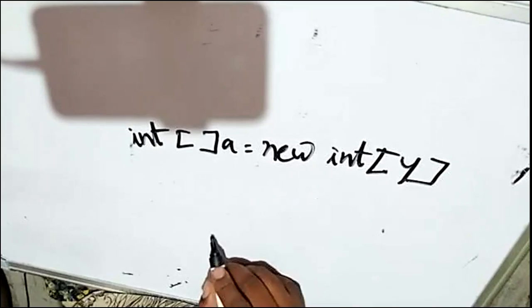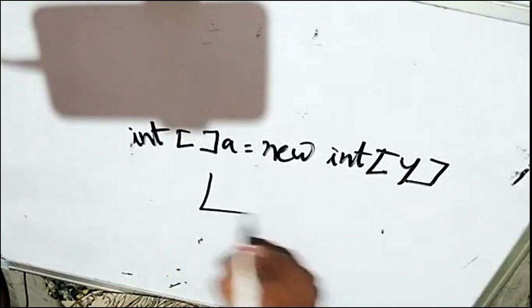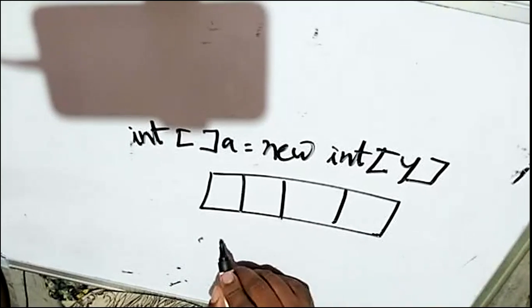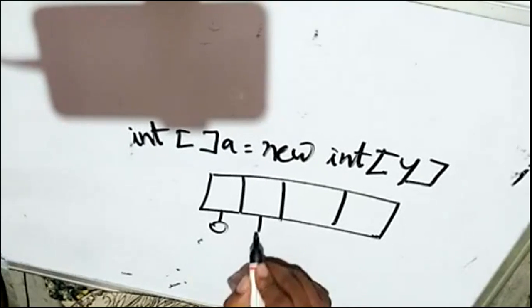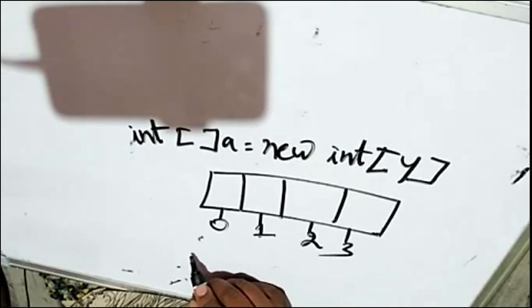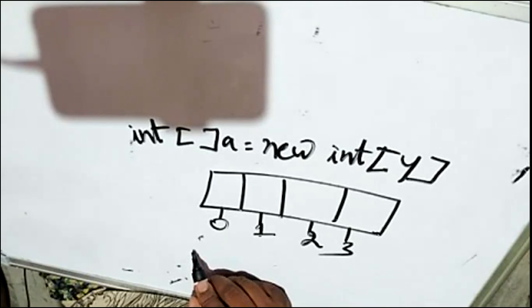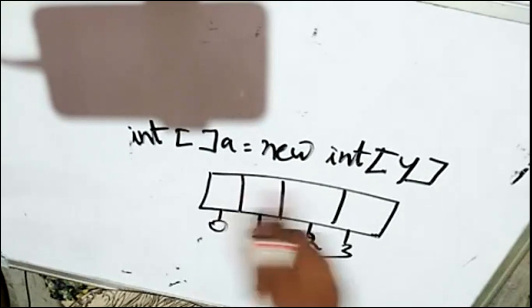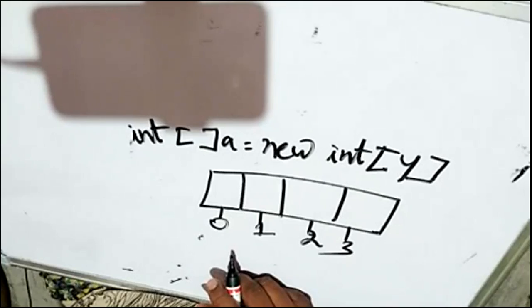Suppose I give a size of 4, so 0, 1, 2, and 3. It is called a single dimension array.